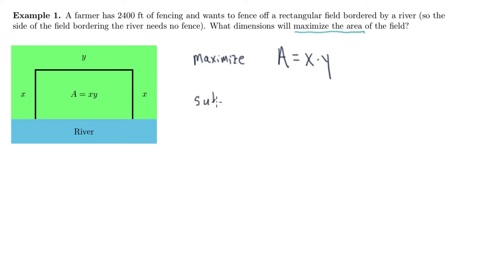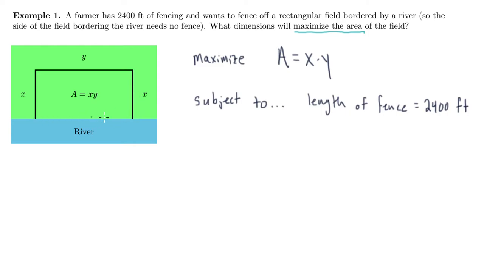So what am I constrained by? Of course, my materials. I don't have an unlimited amount of fencing. I'm constrained by my 2,400 feet of fence, or in other words, length of fence is 2,400 feet. But now what I really want to do is put that in a mathematical statement. So if I'm going to use all 2,400 feet of this fence, it's going to go along these three sides.